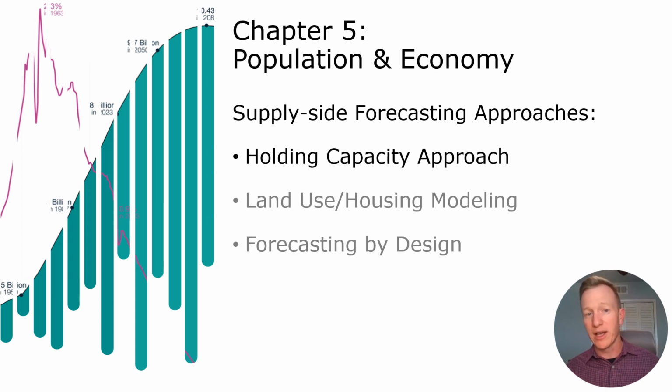What's the size of the households going to be? How much employment density is there going to be? All of that's going to go into determining your population. So this is a good way of doing analysis for small areas where your geography is limited. So if you were on an island, if you were a city that doesn't have a larger region around you, this might be a good approach.